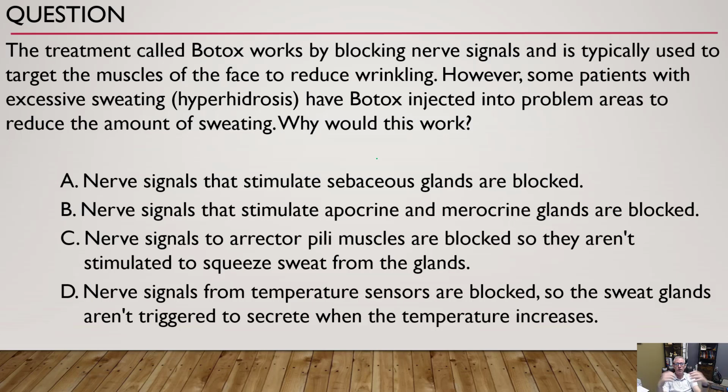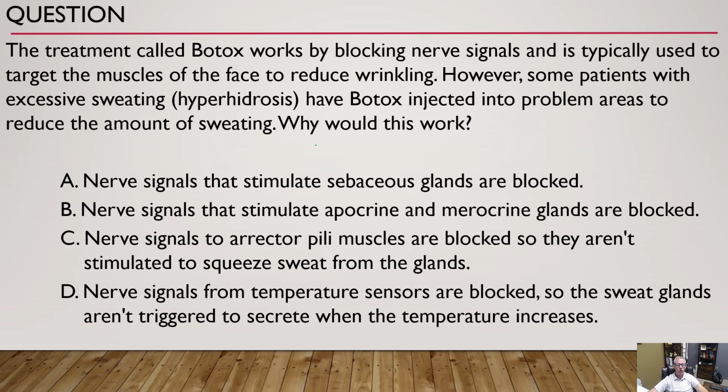The treatment called Botox works by blocking nerve signals and is typically used to target the muscles of the face to reduce wrinkling. However, some patients with excessive sweating, called hyperhidrosis, have Botox injected into problem areas to reduce the amount of sweating. Why would this work?